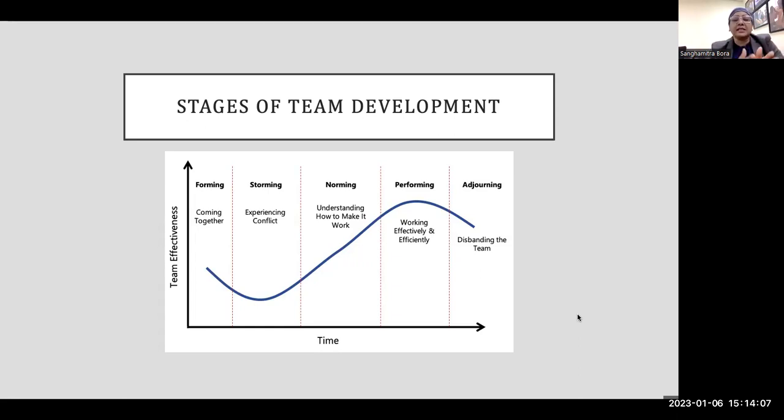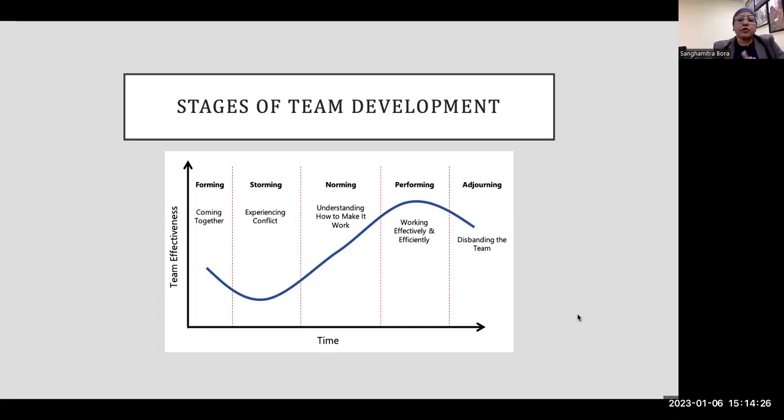But having said this, there are around 4 to 5 stages of team development, and essentially, a team takes some time to get mature and then perform to the best of its ability.